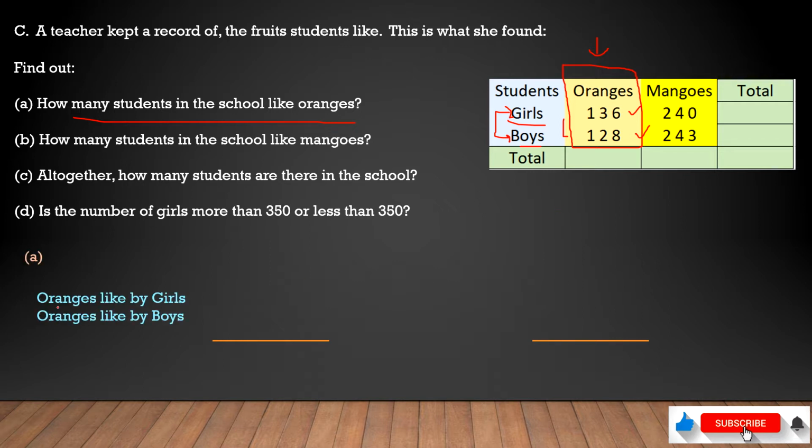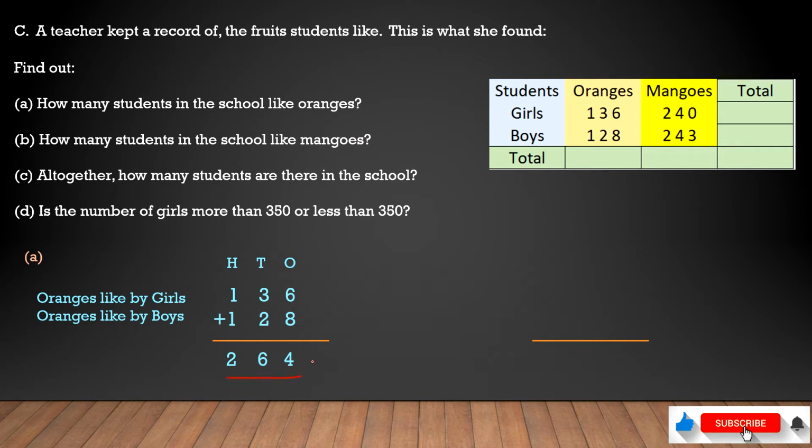Oranges liked by girls: 136. Oranges liked by boys: 128. Again we write ones, tens and hundreds places, and add these two numbers together. We get 264.